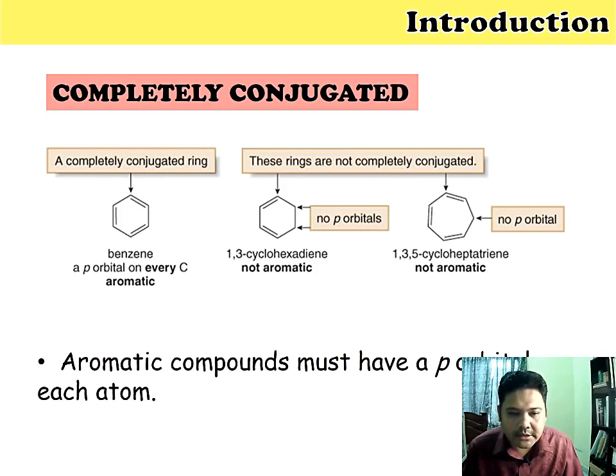That means each of the 6 carbon atoms must have a p orbital. So 1,2-cyclohexadiene and also 1,3,5-cycloheptatriene cannot be considered aromatic hydrocarbons, because there is no p orbital at the adjacent atom. So that was the third criterion to exist as an aromatic.